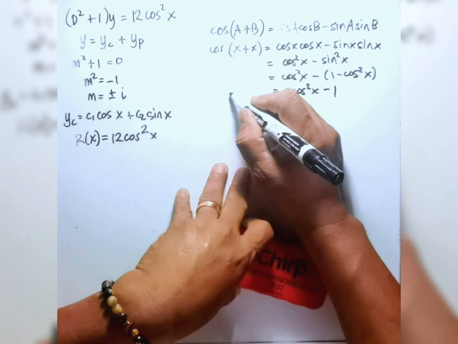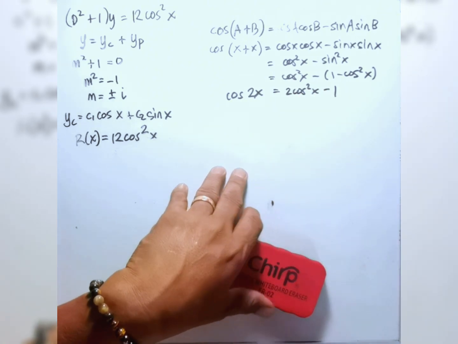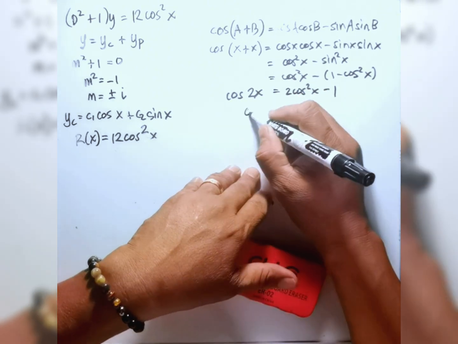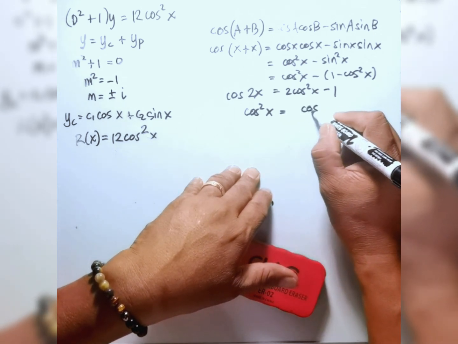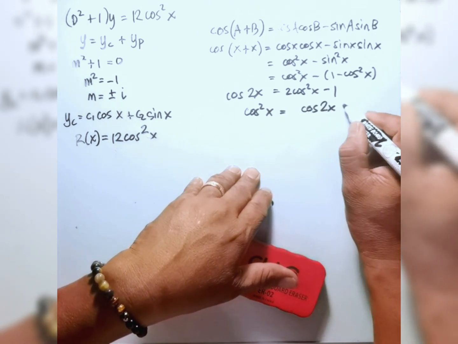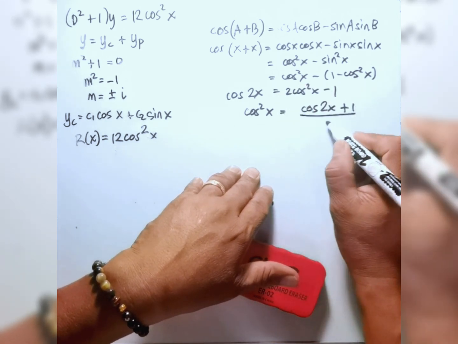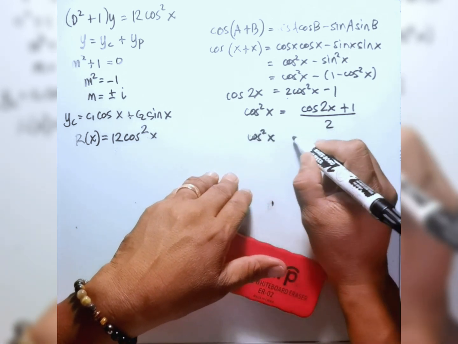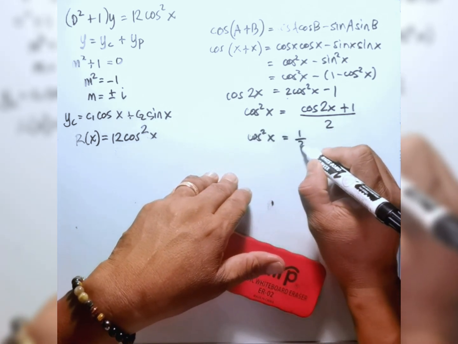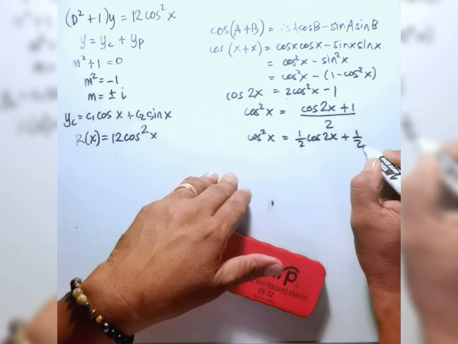So we have this plus this is 2 cosine square x minus 1. And this one is cosine of x plus x, or 2x. So solving for cosine square of x, we will have cosine of 2x plus 1 divided by 2, or cosine square x is 1 half of cosine 2x plus 1 half.